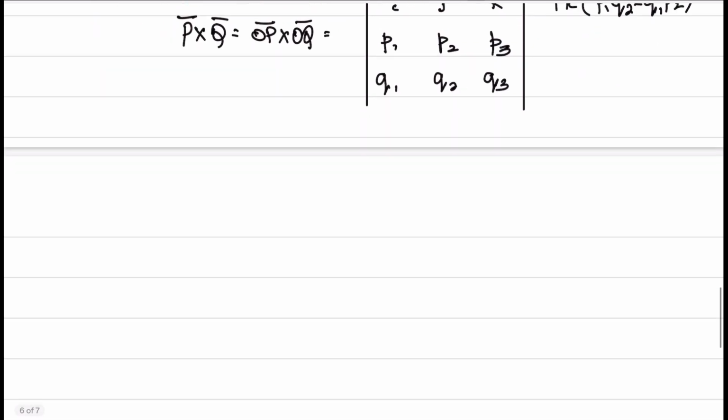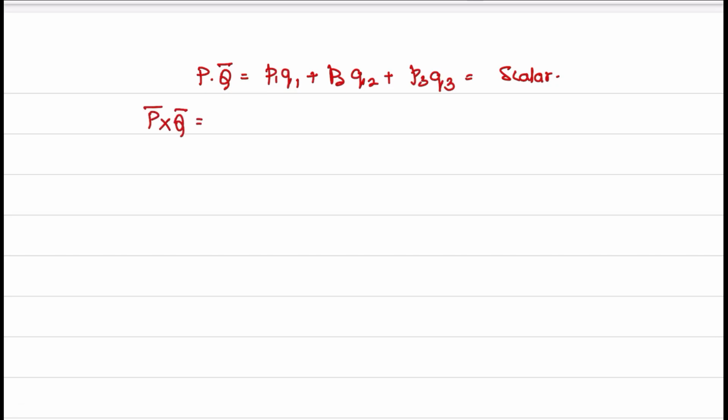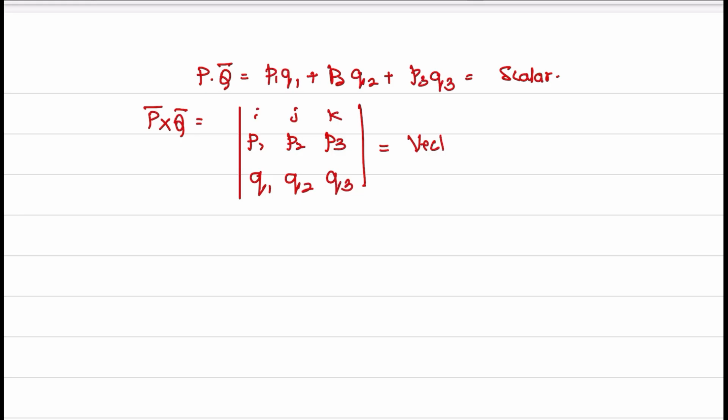That means ultimately P dot Q is equal to P1 Q1 plus P2 Q2 plus P3 Q3, that is the dot product, that is scalar. Whereas P cross Q is equal to the determinant of I, J, K, P1, P2, P3, Q1, Q2, Q3, that is a vector product.